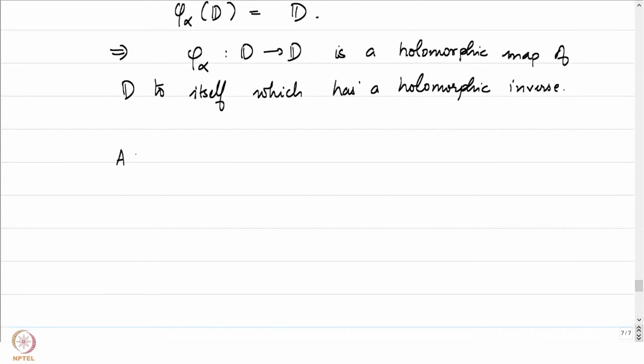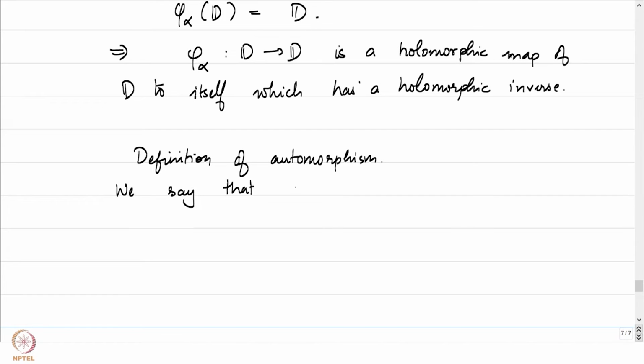So let me just give a definition here. Definition of automorphism. In the context of complex analysis, when we use the word automorphism, we mean a function.